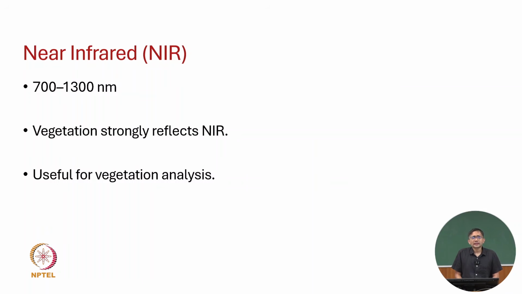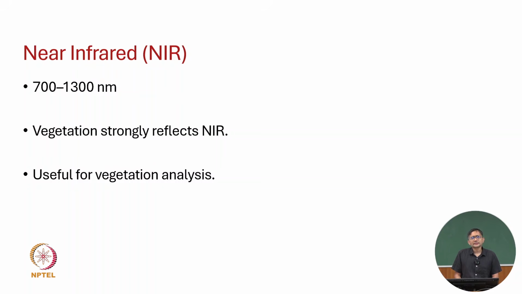So, let us now talk about some of the other bands that I just mentioned. One is near infrared, and depending on the particular sensor, this itself can be divided into NIR 1, NIR 2, and likewise.